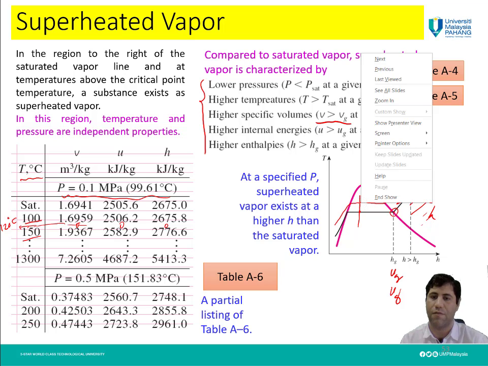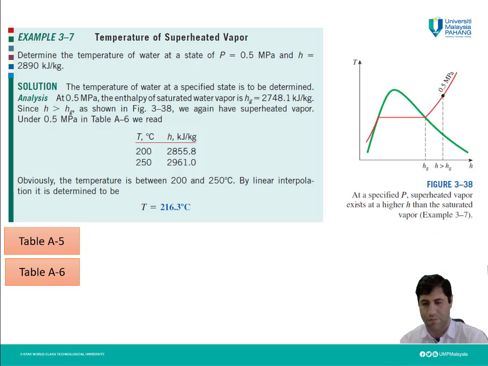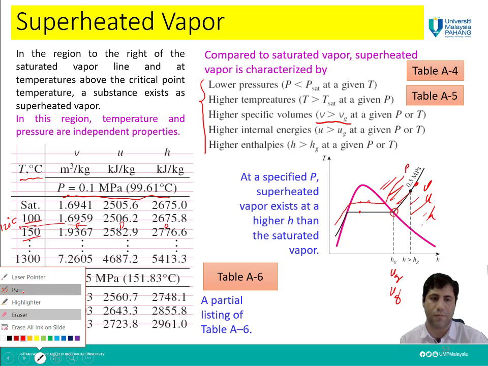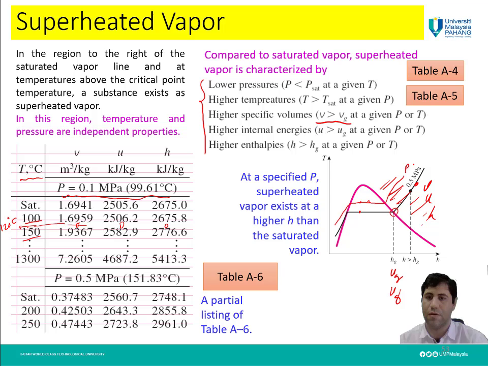Imagine we have these two points. We have the pressure and also we have the properties for these two pressures. This is P1. This is P2. Then this will be H2.